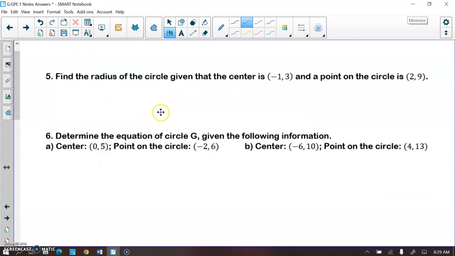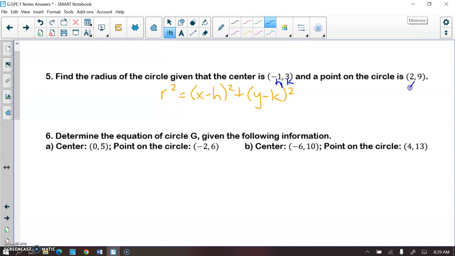So this states to find the radius of the circle, given that the center is (-1, 3) and a point on the circle is (2, 9). So using our circle formula, which is r squared is equal to (x minus h) squared plus (y minus k) squared, I'm going to put -1, 3 in for h and k, because that's my center.